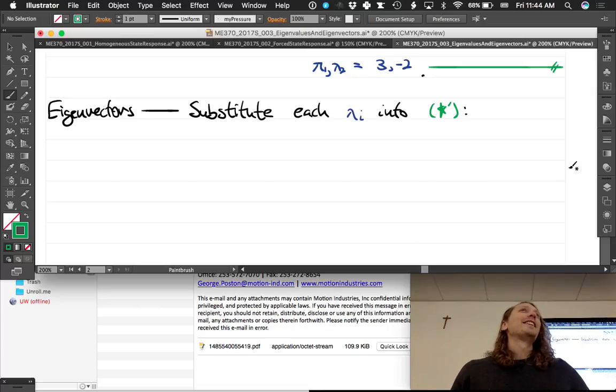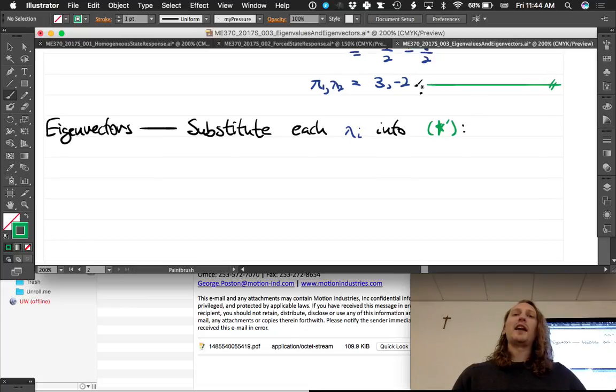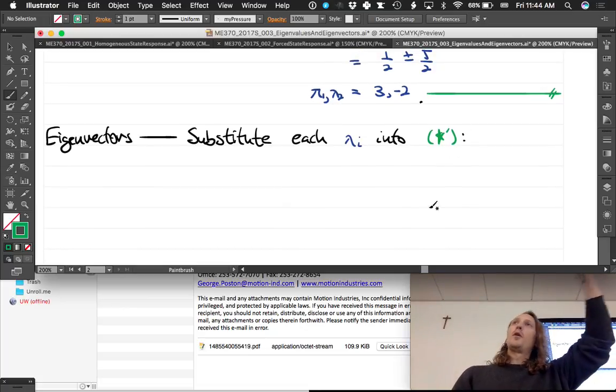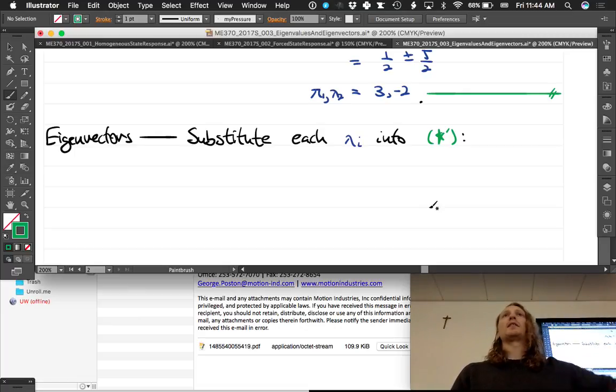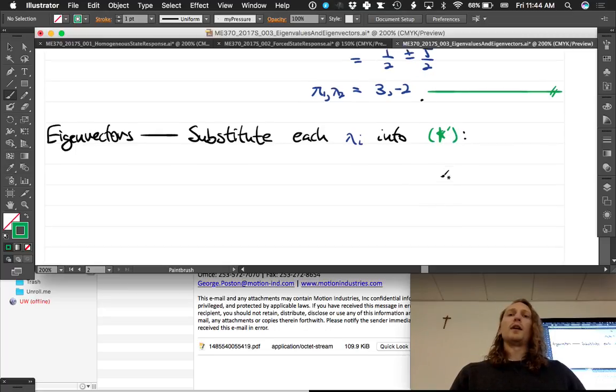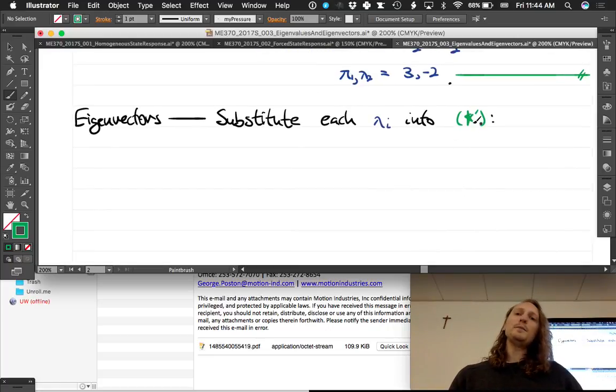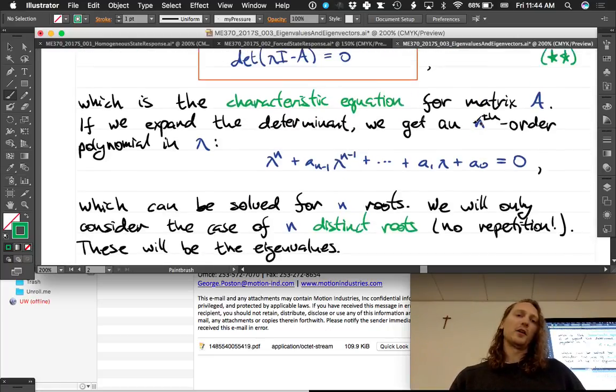Okay. Eigenvectors. We need to substitute each lambda into, we're going to use the star prime form because I think it's a little bit easier when it's in that form. You can do it with the other form as well.